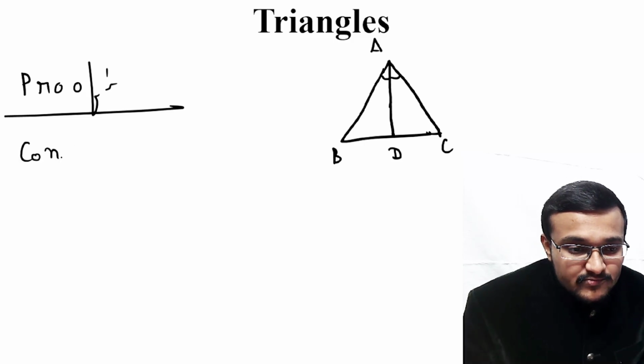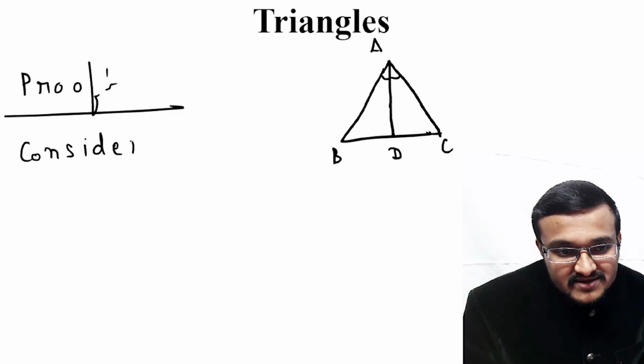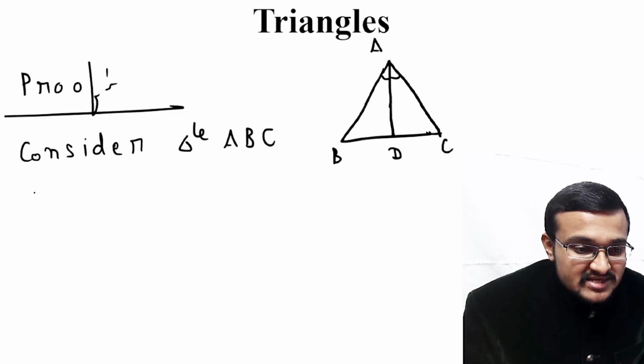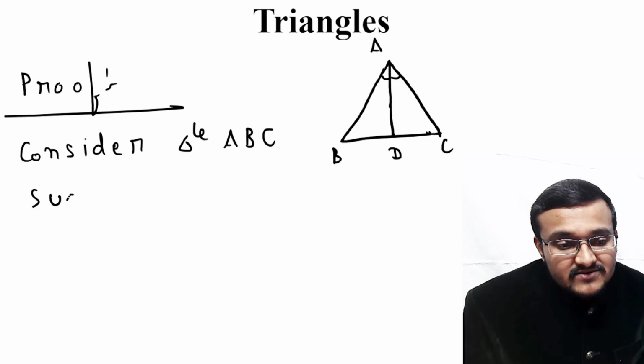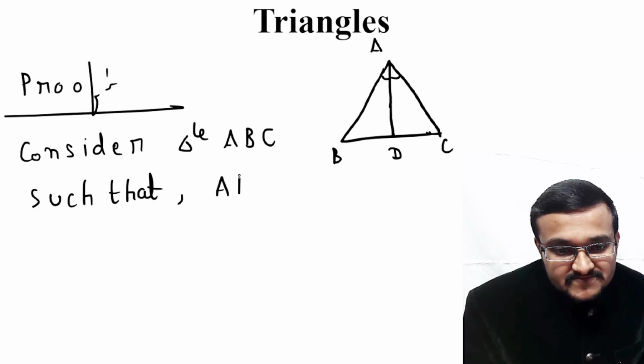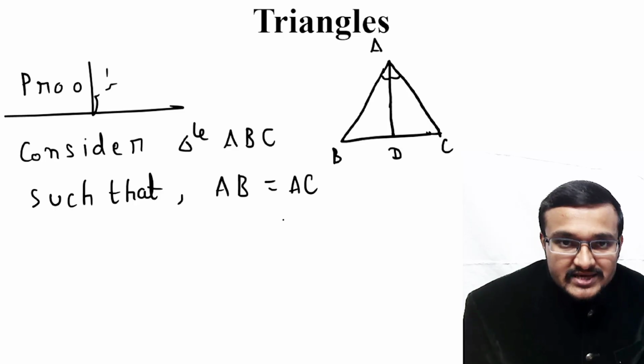Now for the proof we will consider triangle ABC. In triangle ABC we have AB is equal to AC.